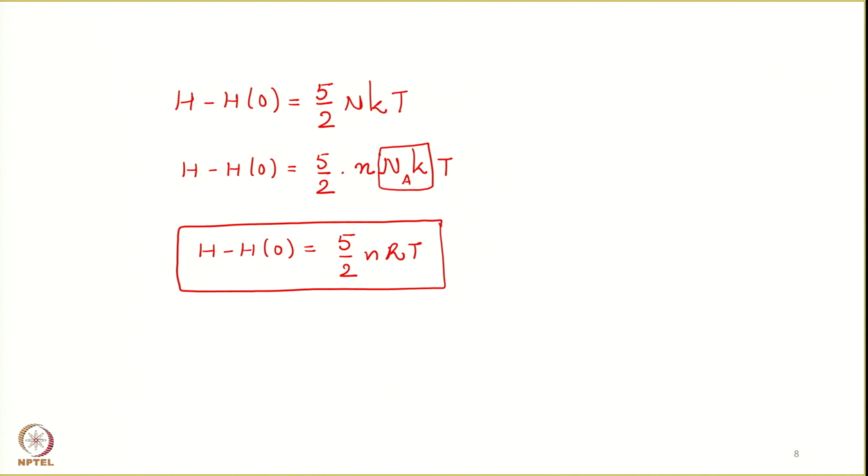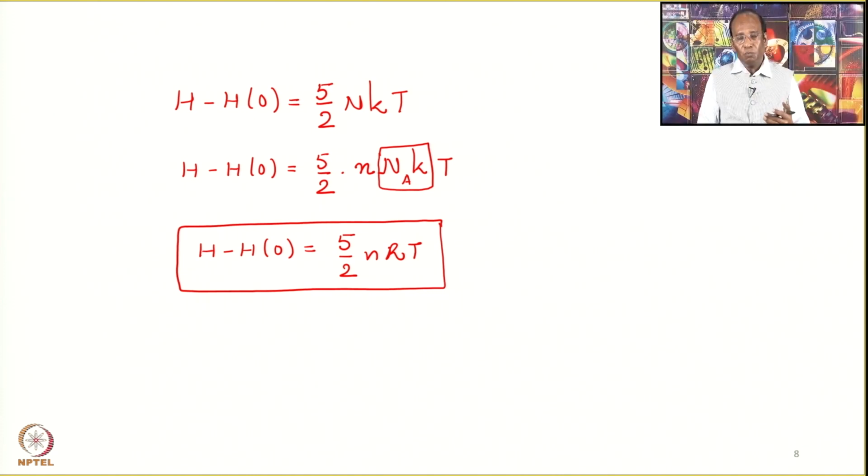Remember the previous discussion. When we used the equipartition theorem, H is equal to U plus PV, we converted that to H minus H0 is equal to U minus U0 plus nRT, and easily got the expression that H minus H0 is equal to 5 by 2 nRT. But then we decided to proceed exclusively by using the canonical partition function.